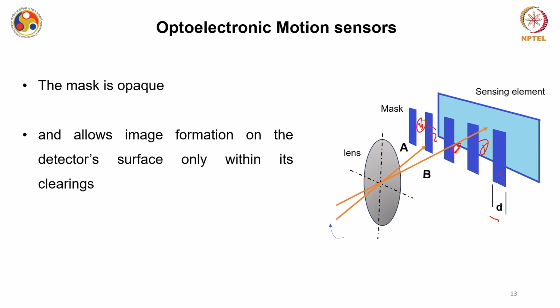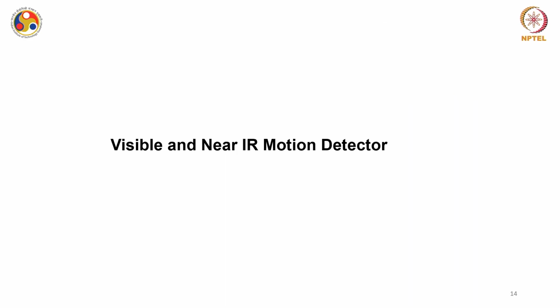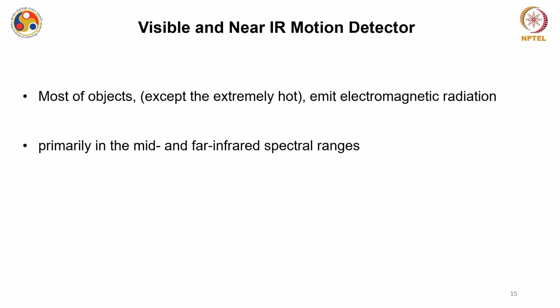Okay. So these are various techniques to improve optoelectronic based motion sensors. Now let us see some more examples of visible and near IR motion detectors. Most objects except the extremely hot ones emit electromagnetic radiation.